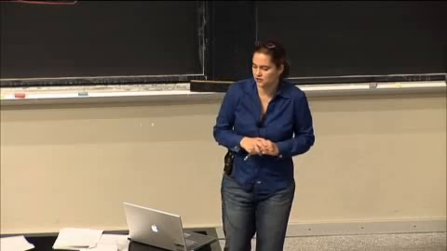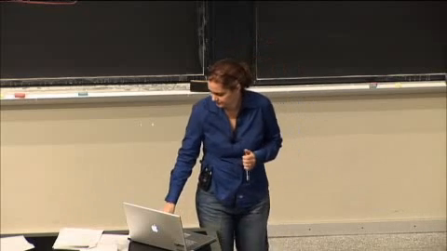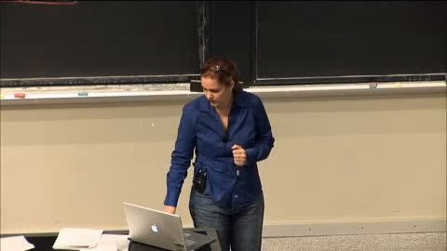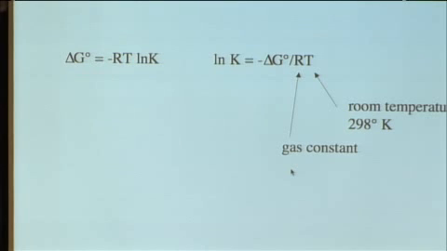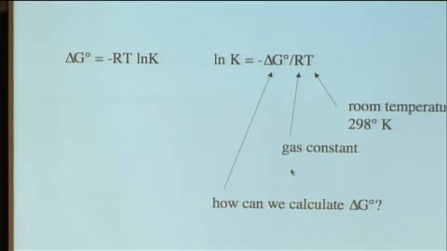What are ways to calculate delta Gs? So we've seen some of those. And I guess you're probably recognizing these already, temperature and our gas constant. So we can solve for K in terms of delta G. And how do we calculate that delta G? Well, there are a couple ways.